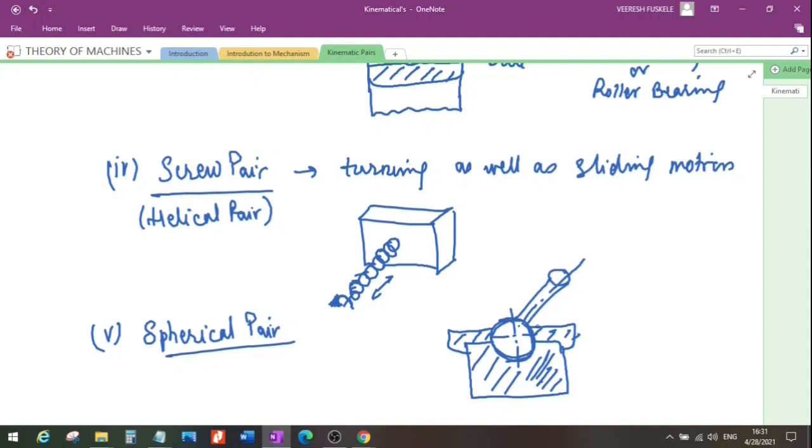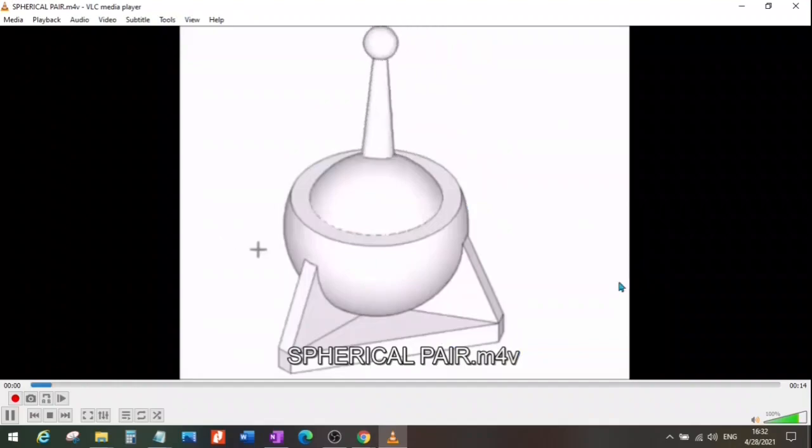So there is a ball and socket joint there. The view of the mirror of the side glass can be controlled from the inside with the help of that knob, right? So let us see how this looks like. This is how the spherical pair looks like.